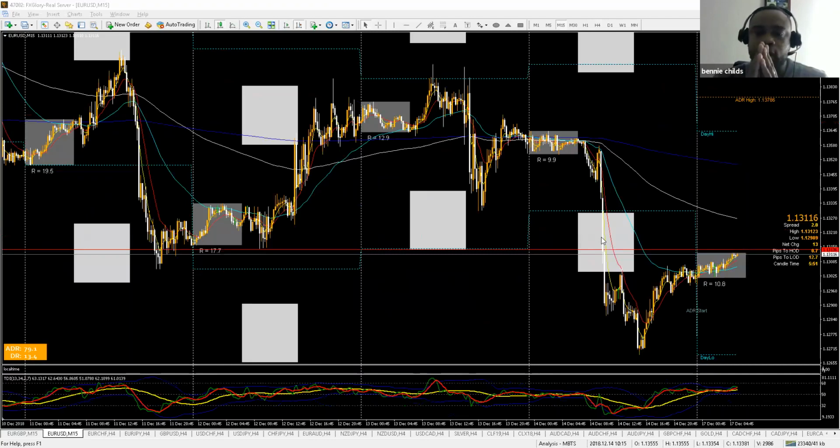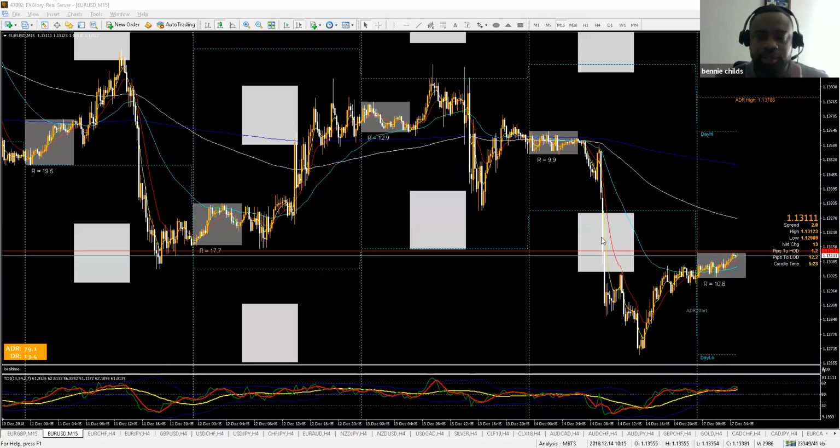Eventually you'll be able to trade this without this template. The template should be uploaded already in the file section in our group. If it's not, I'm going to go back and check and make sure I get it uploaded, and I'll show you guys how to apply the different templates as well.